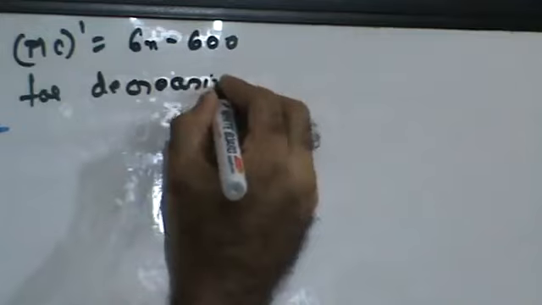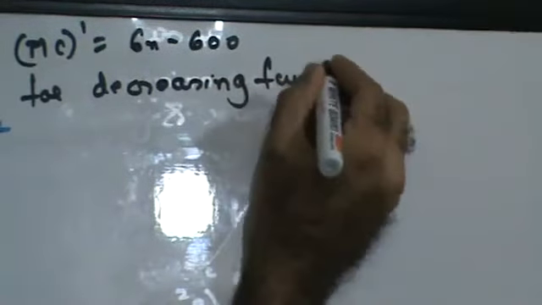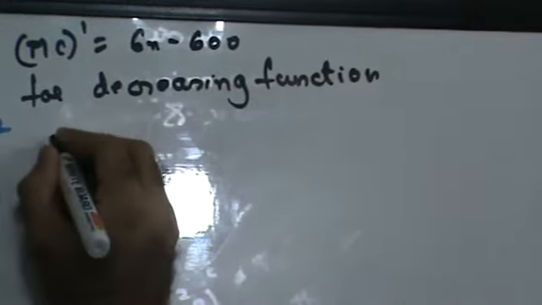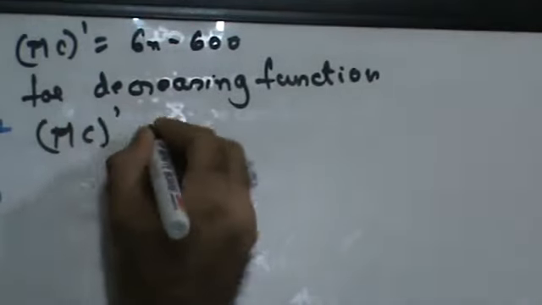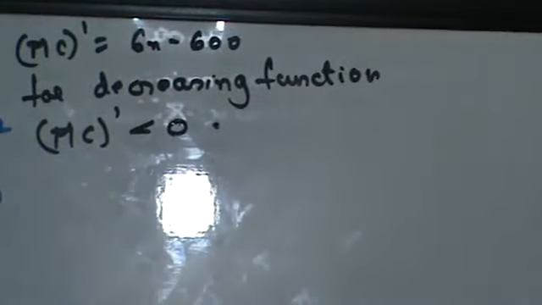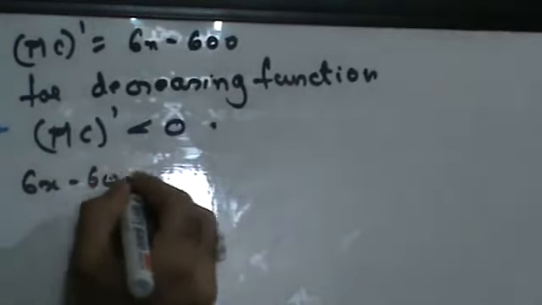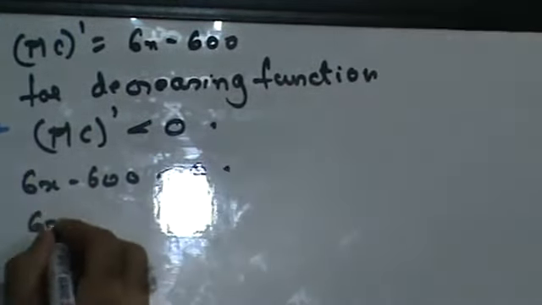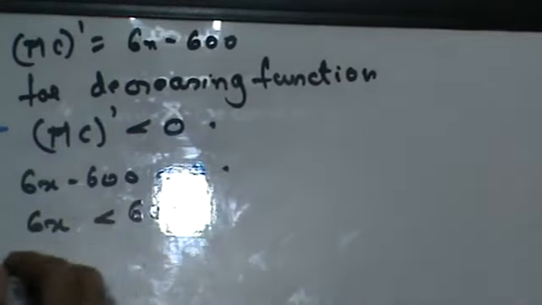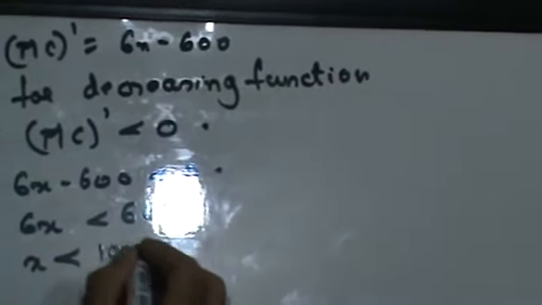For a decreasing function, the first order derivative should be less than 0, right? That means 6x minus 600 should be less than 0, 6x should be less than 600, x should be less than 100.